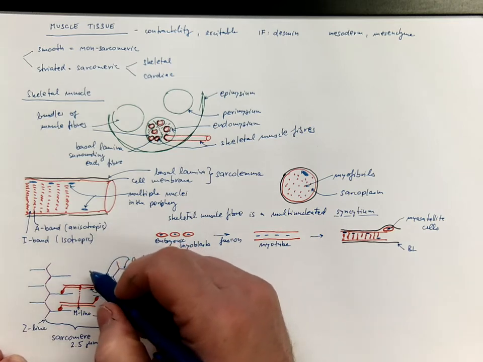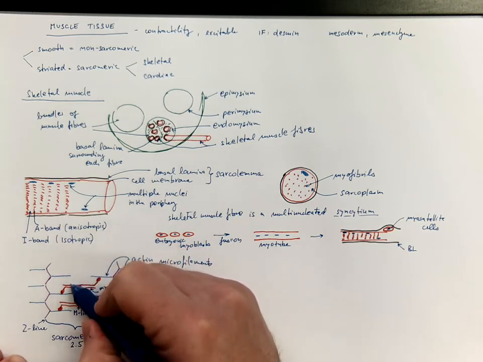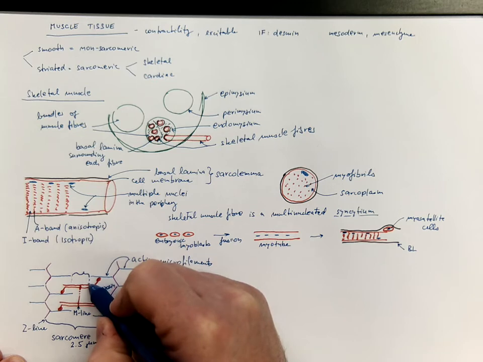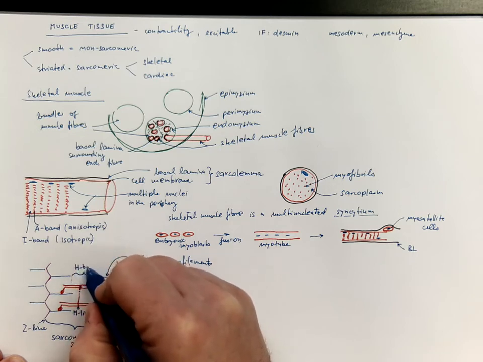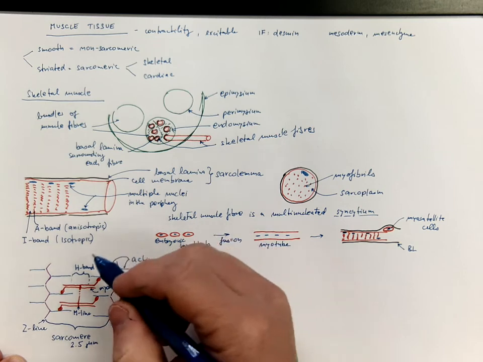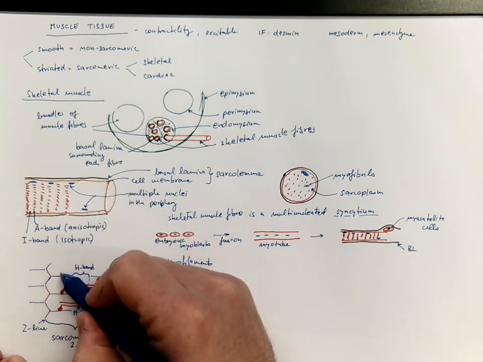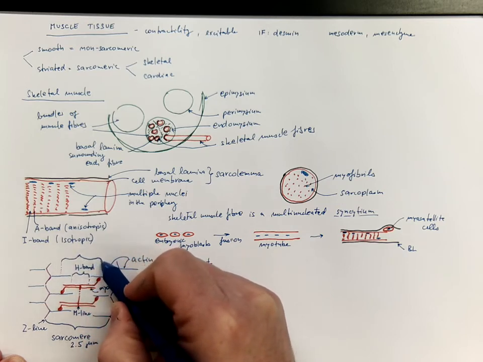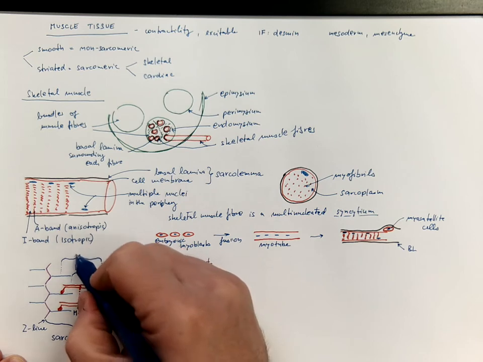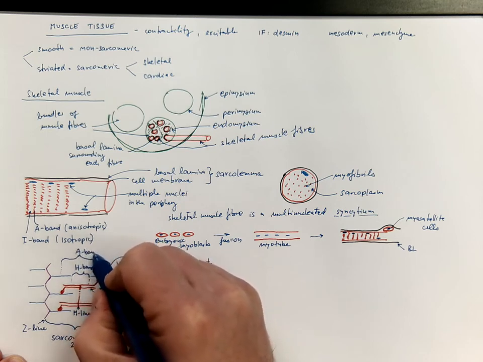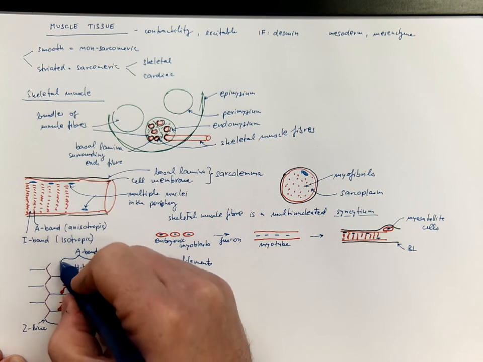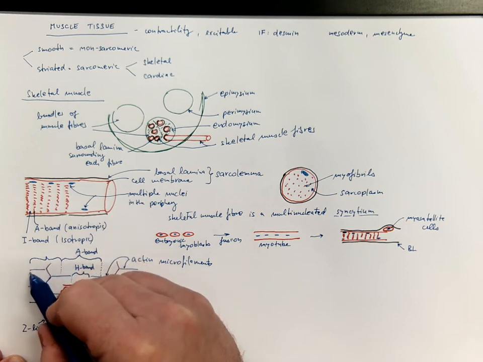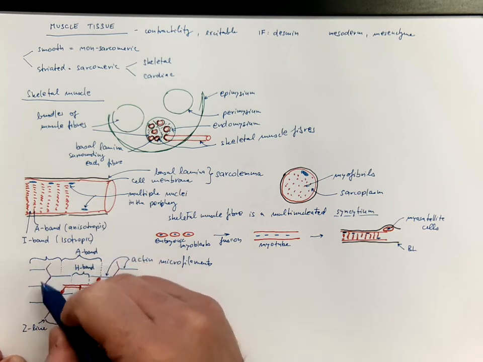Now there's a band where we have only myosin. Then we got a region consisting of overlapping actin and myosin. This is the A band that we already know, and we got a region with the Z line in the center that consists of actin only on both sides of the Z line. This is the I band.